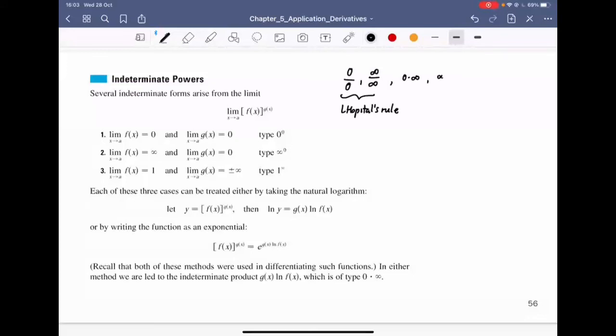The same thing for infinity minus infinity, we ask you to convert it back to 0 over 0 or infinity over infinity, so you can use the L'Hopital rule. There are three other forms, which are 0 to the 0, infinity to the 0, and 1 to the infinity. They are all indeterminate forms as well.